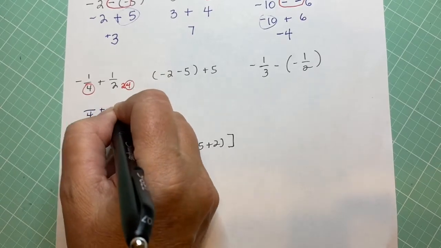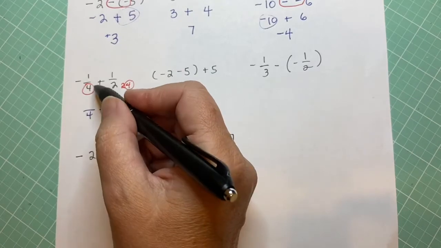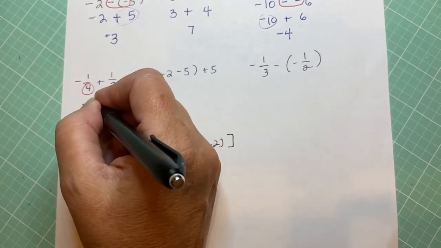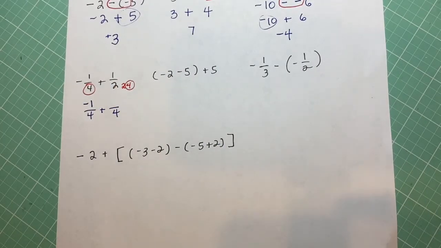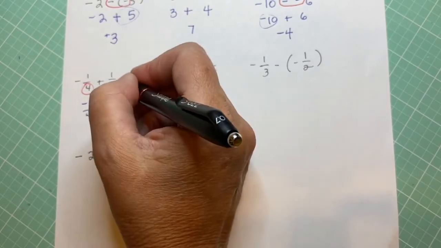I'm going to go through this a little faster because hopefully you're getting it down by now. The first denominator did not change, so the top doesn't have to change. And I always put the negative up in the numerator. You can have it out to the side, but your eye kind of loses it. So I always put the negative up next to that 1 because that's where you're going to use it. But on this one, to get from 2 to 4, I need to multiply by 2.